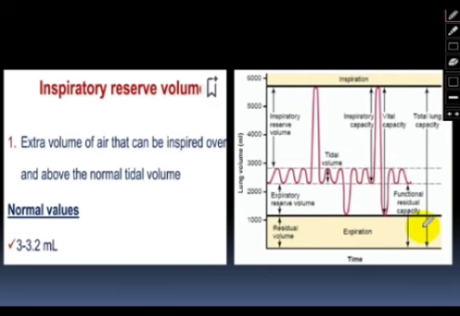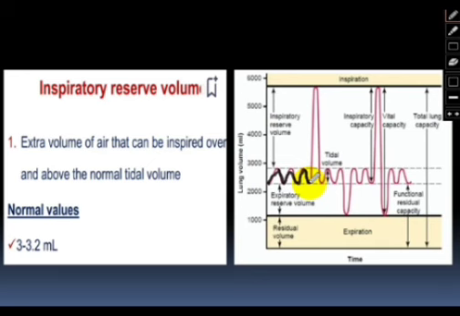Okay, remember that during normal breathing, during inspiration it goes up, during expiration it comes down. Normal breathing, tidal breathing. And then we are looking at inspiratory reserve volume. Forceful inspiration. You want to take in as much air as possible from the atmosphere into your lungs.